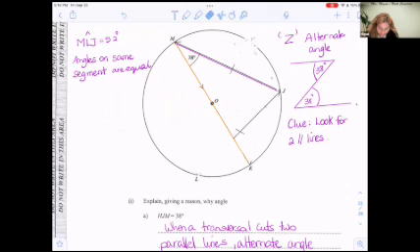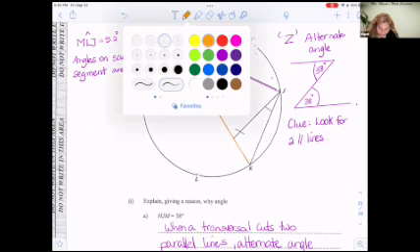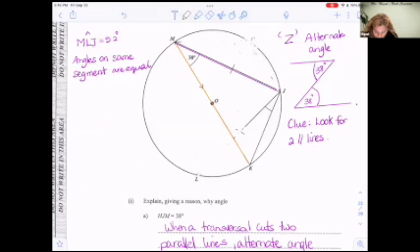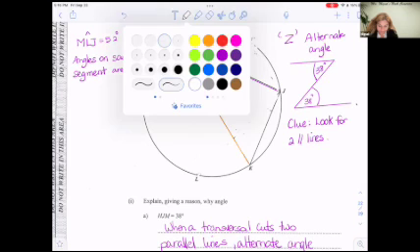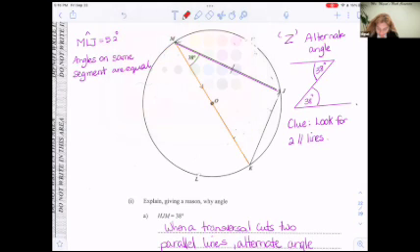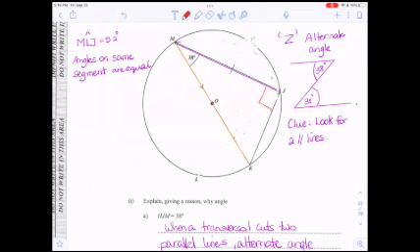If I erase this line, it passes through the center. So you know it is the diameter. You see that this angle here is in half of the circle. So this is 90 degrees.